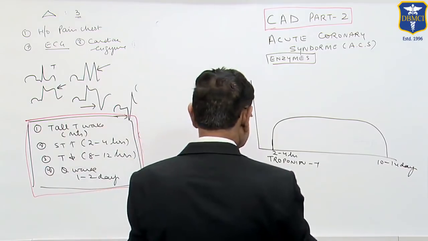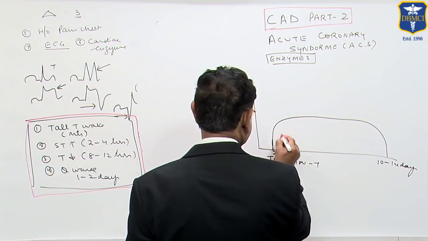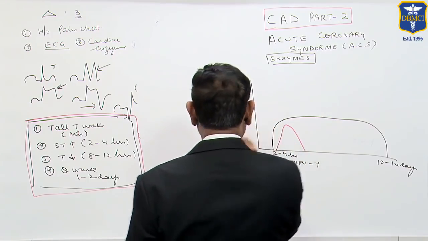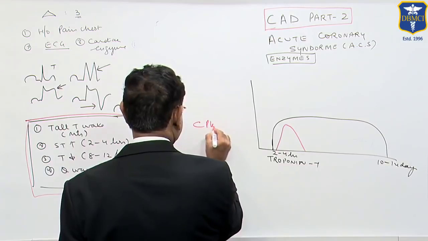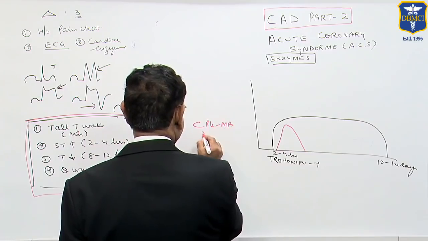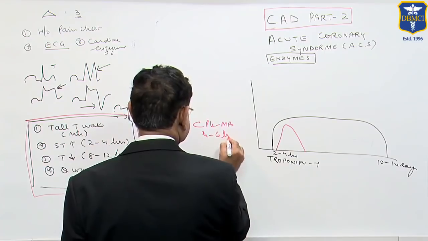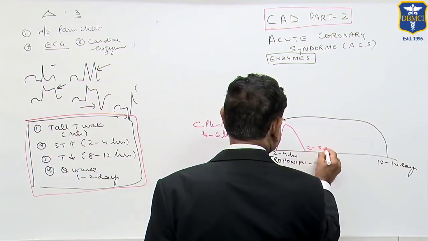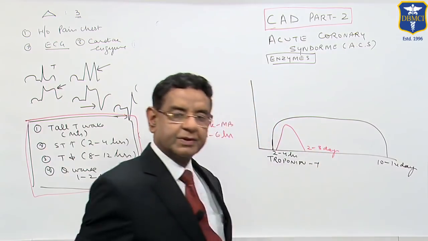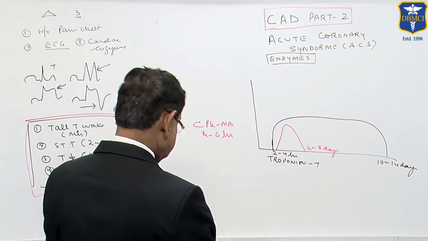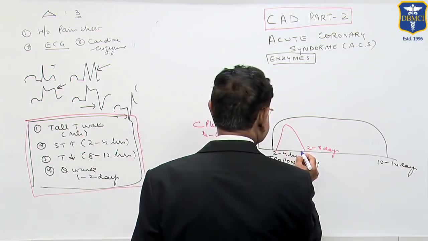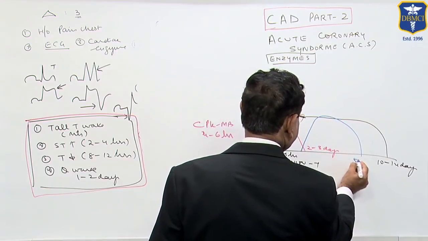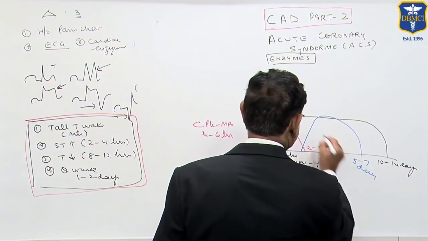Soon rises CPK-MB, in red color. It starts rising in 4 to 6 hours, but it comes down in 2 to 3 days. Then around 2 to 3 days LDH starts rising and comes down in 5 to 7 days.